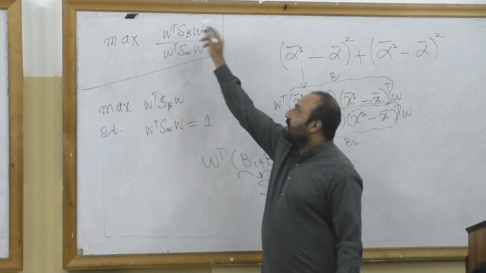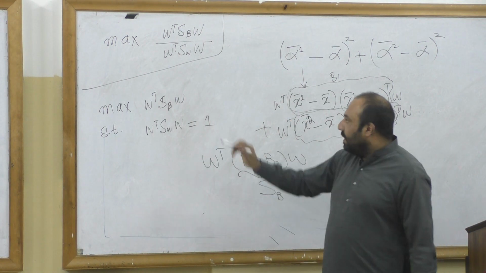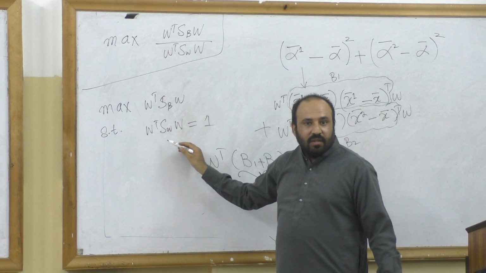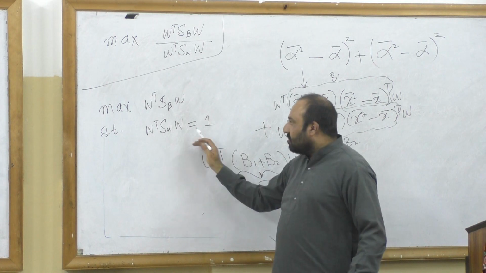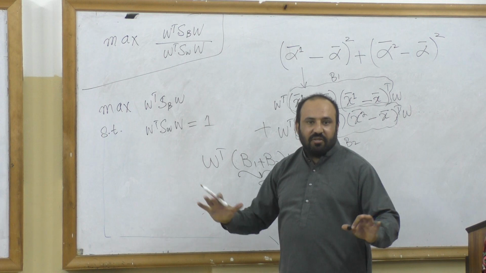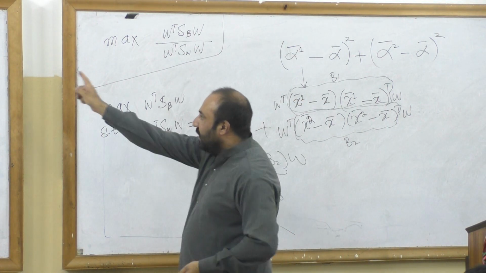This is equivalent to maximizing this ratio. सही है जी? But now it is a constrained optimization problem. You know how to deal with constrained optimization problems. Just write the constraint in the form that the Lagrangian requires and put up the Lagrangian. Make sense?